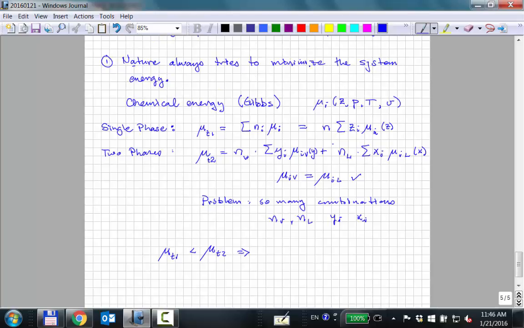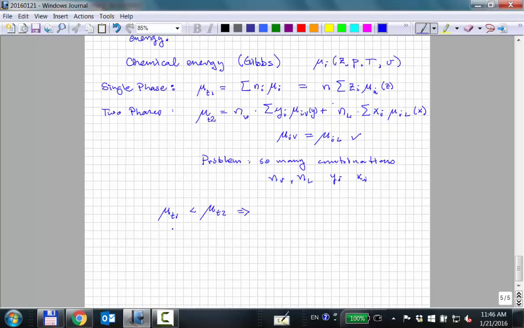If nature always wants to try to minimize the system energy, then if the single phase chemical energy is less, then we'll have single phase, right? And if the two phase energy is less than the single phase, then it'll be two, and actually you don't know for sure, it might be more, but at least two phases will exist. At least two.